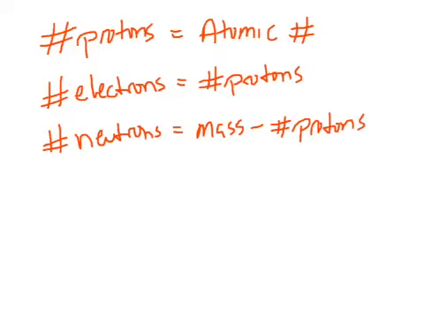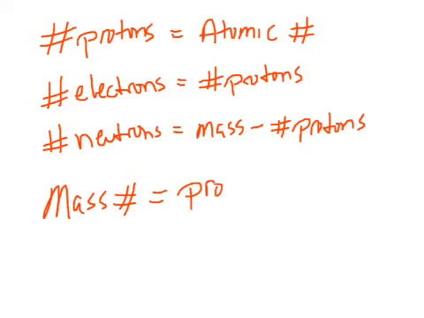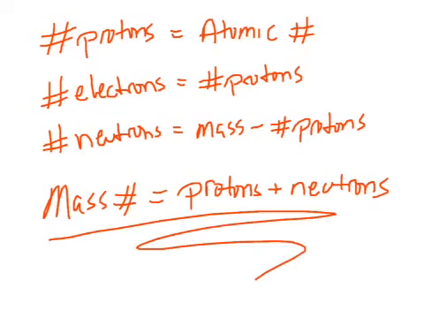And that's because the mass number, which is the weight of the nucleus, is equal to the protons plus the neutrons. So these are the rules for solving all the different parts of the atom.